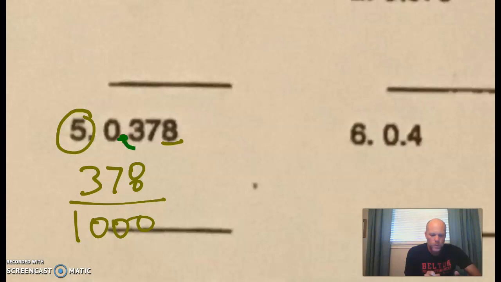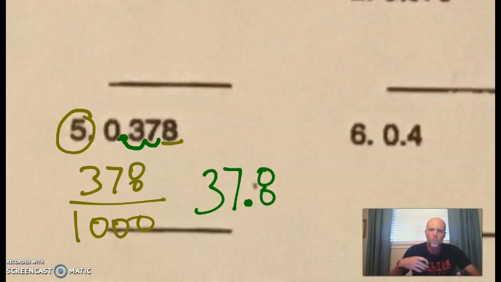If we move the decimal once to the right, that's multiplying by 10. If we move it again, that's multiplying by 100. So where did that decimal end up? Between the 7 and the 8. So that is 37.8. But because we multiplied it by 100, and all percents are based out of 100, that is your percent, 37.8%.